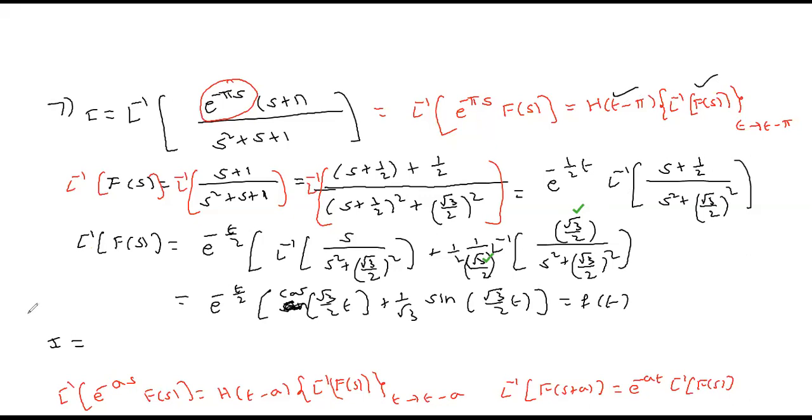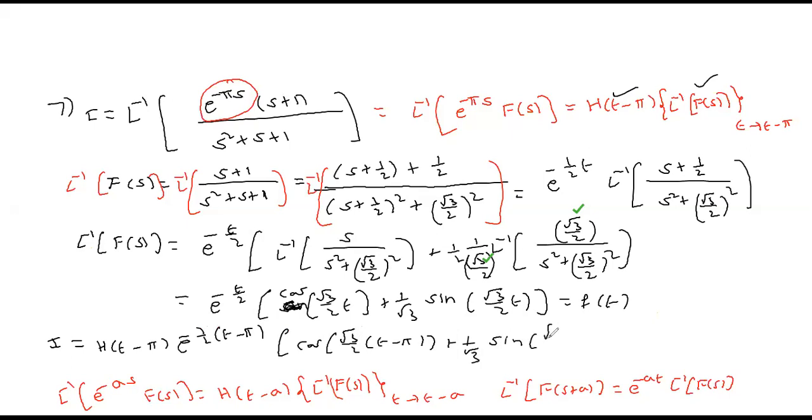Multiply h(t minus pi) and e^(-1/2 (t minus pi)), wherever t is there replace t with t minus pi, times cos(root 3/2 (t minus pi)) plus 1/root 3 sin(root 3/2 (t minus pi)). Can you see this? Yes.